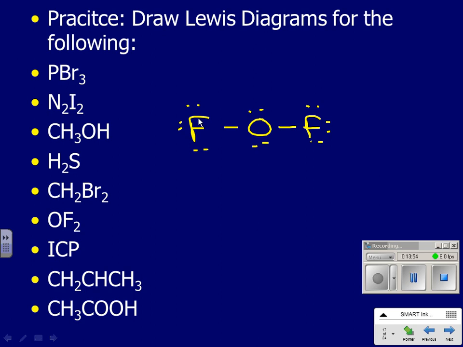Again, if you check the octet, it's good. Okay, next. What do we got? Yep, Marika. Yep. 3 lone pairs, yep. On phosphorus, I assume, right?